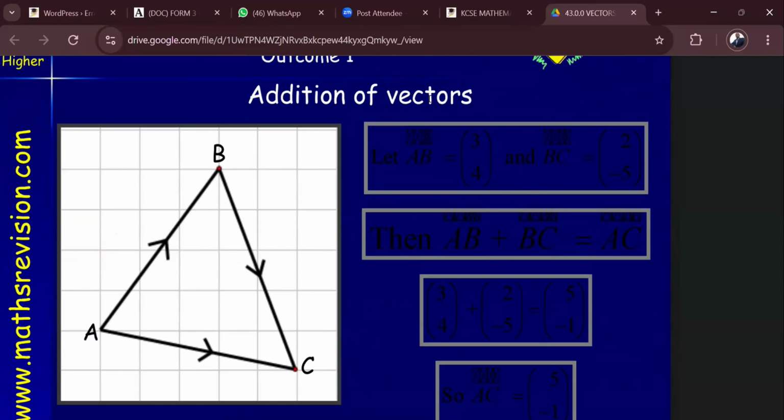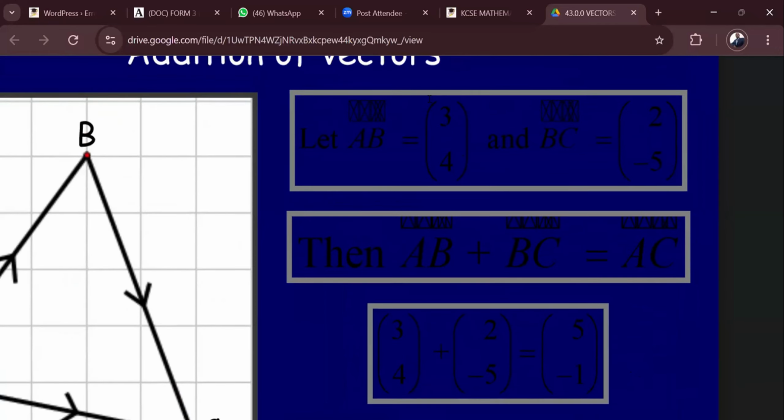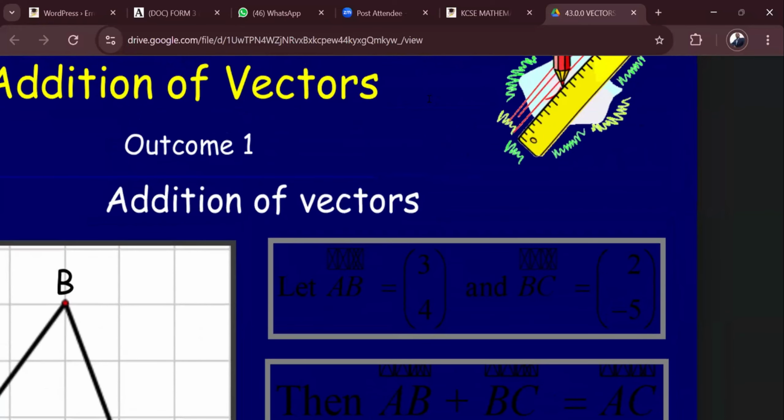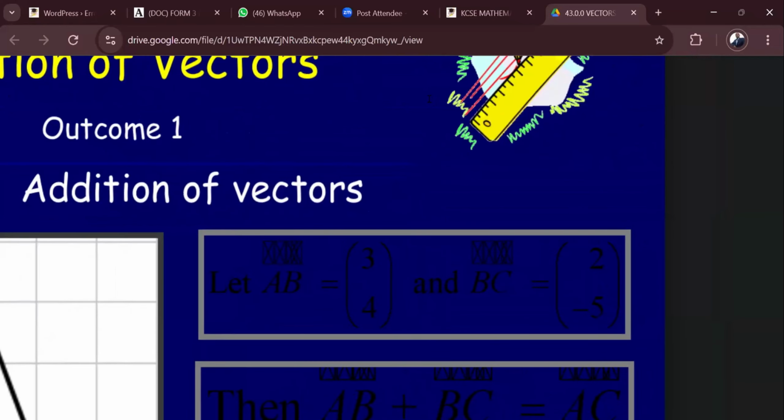For example, you're given vector AB as 3, 4, and vector BC as 2, 3. Can somebody give me the vector AB plus BC?